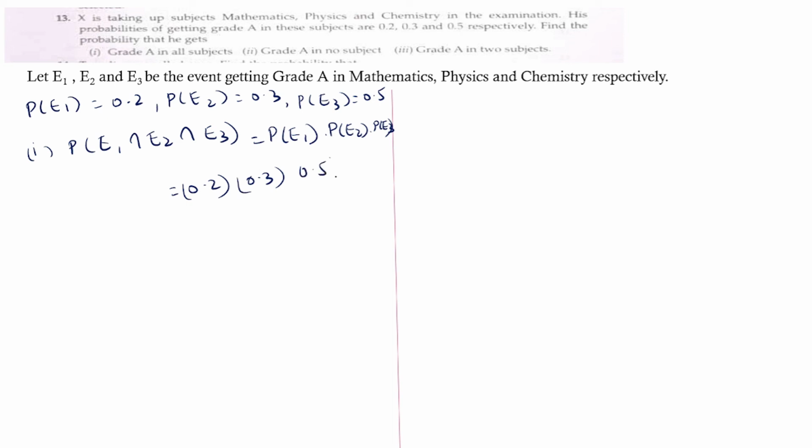Now the first subdivision is getting grade A in all subjects. So it is probability of E1 intersection E2 intersection E3. Now since all these three events are independent, this is equal to probability of E1 into probability of E2 into probability of E3. So it is equal to 0.2 into 0.3 into 0.5.